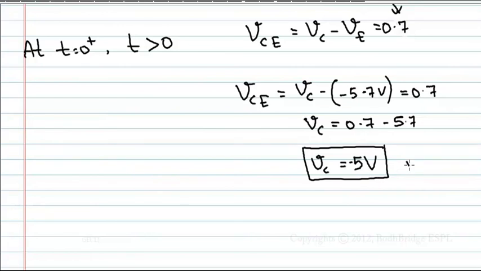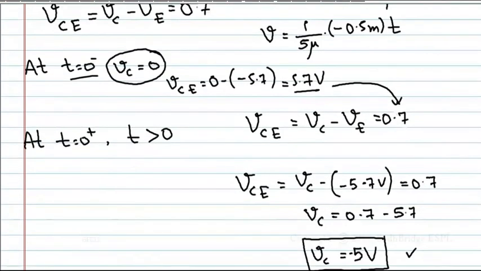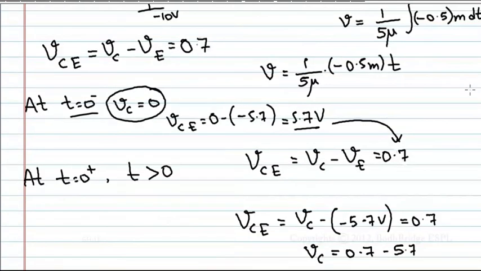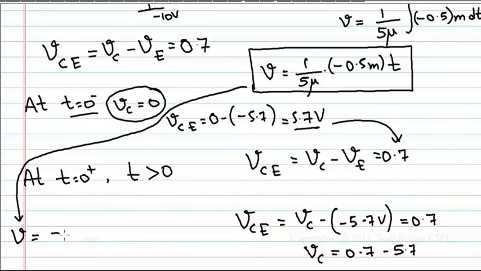When will VC become minus 5 volt? See from this equation, V is the voltage at VC, that is V is nothing but VC, right? V is equal to, from here what can I write? Minus 0.1 into milli by mu into time, right?